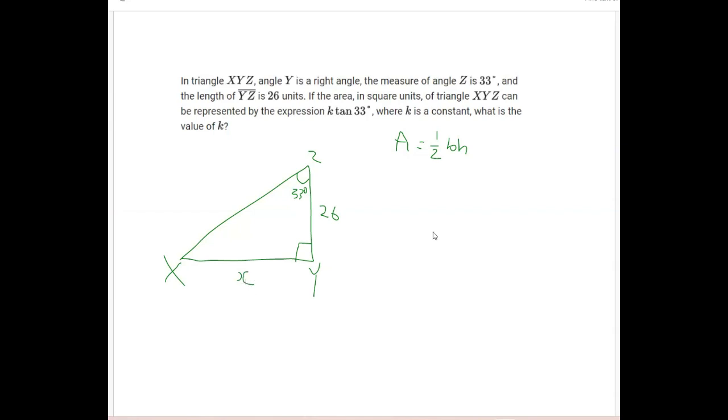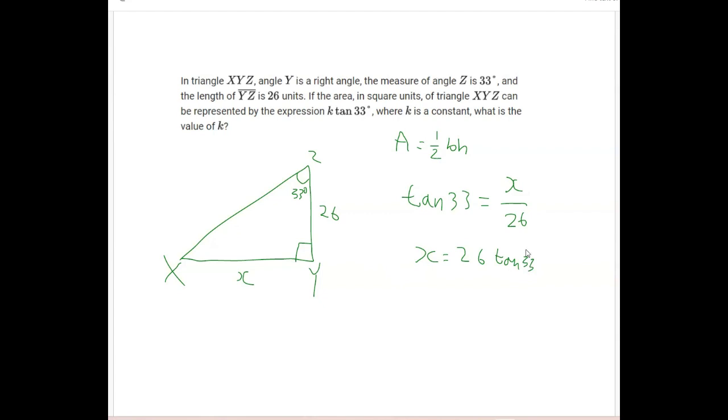XY is going to be my base. And if you look here, tan of 33 is equal to opposite over adjacent. So my base XY is equal to 26 tan 33.